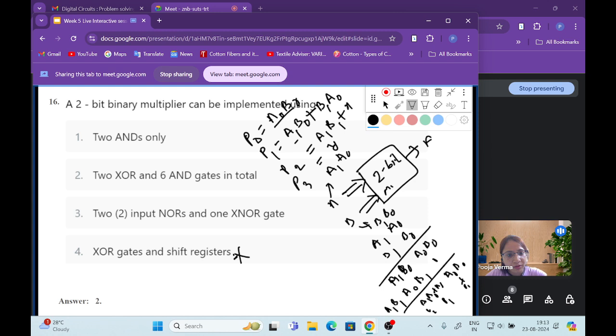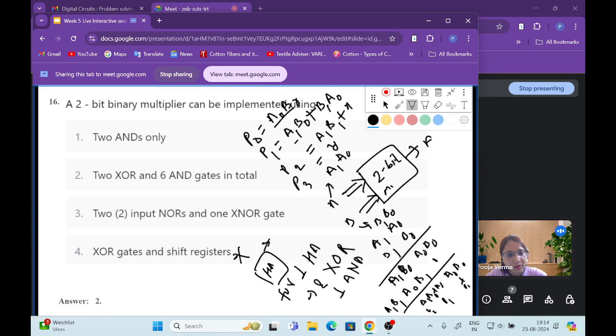4 AND gates here, and to implement a 2-bit binary multiplier we have already seen that 2 half adders are required, right? And for 1 half adder we know that we require 1 XOR gate and 1 AND gate, right?